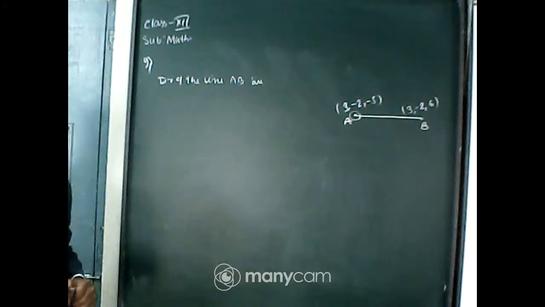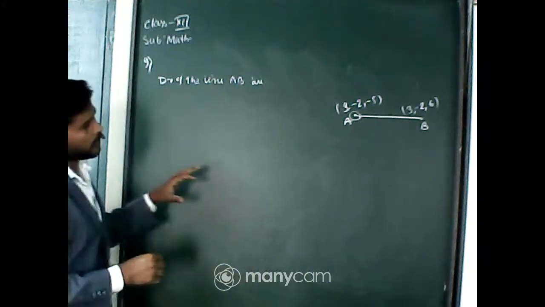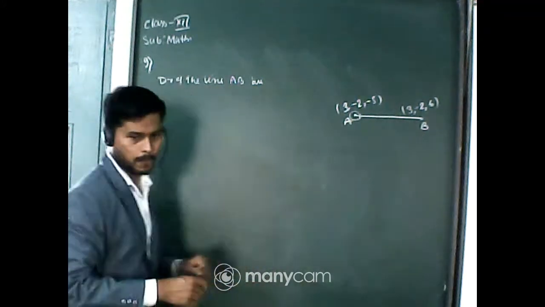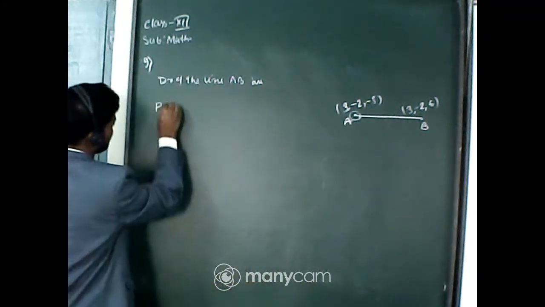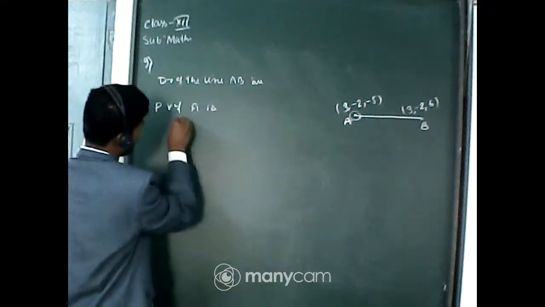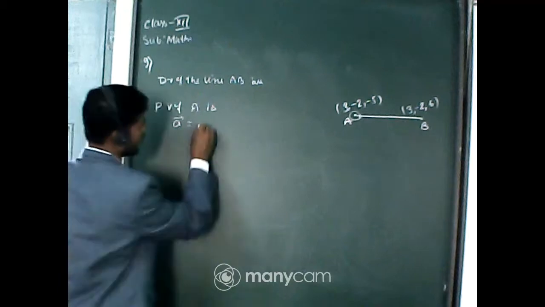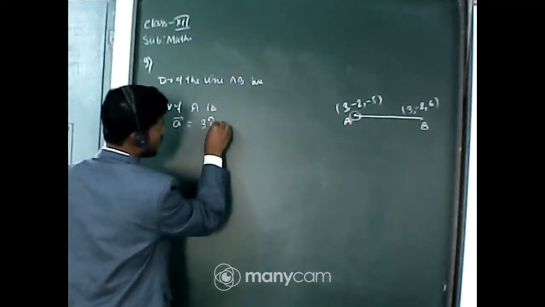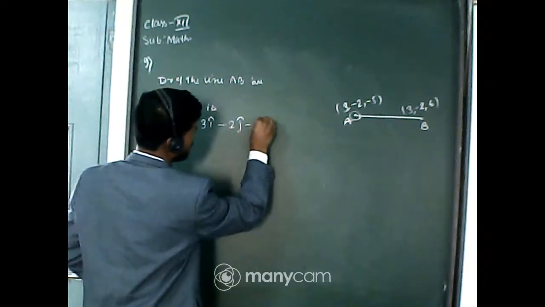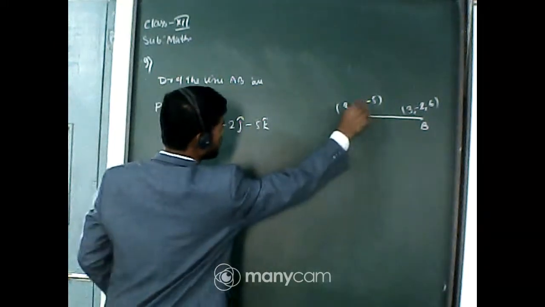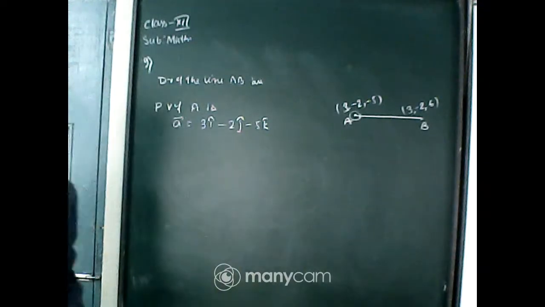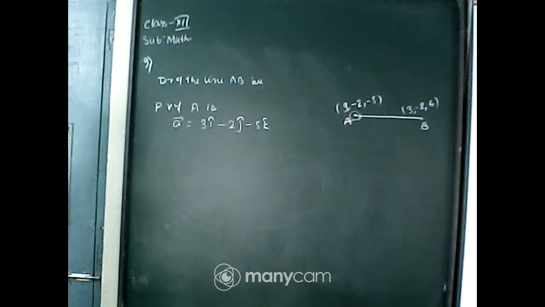So we are considering the position vector of A as small a. So the position vector of the point A is a equals 3i minus 2j minus 5k. This is the position vector of the point A.